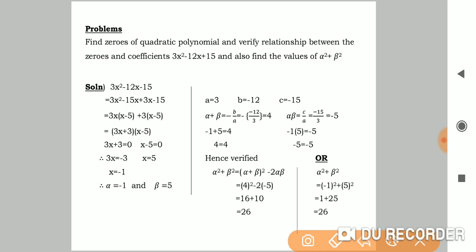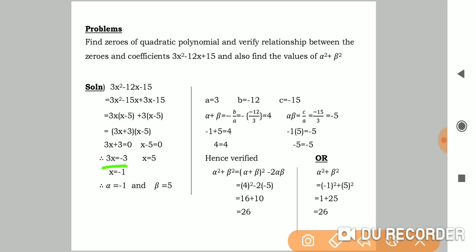After that, when you observe this expression, you have x minus 5 as a common, so when you take out x minus 5 as a common, you will retain another binomial, that is 3x plus 3. Since we need to find out the zeros, we write 3x plus 3 equal to 0 and x minus 5 is equal to 0.